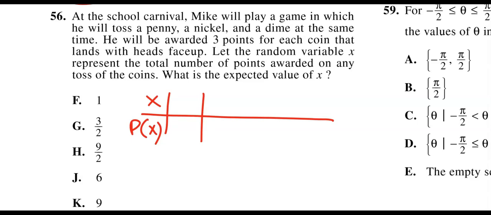Okay, is it possible that he could get 0 points? That is possible, right? That would be all tails. He could get 1 head, 2 heads, or 3 heads. So these are the possible outcomes for his number of points.